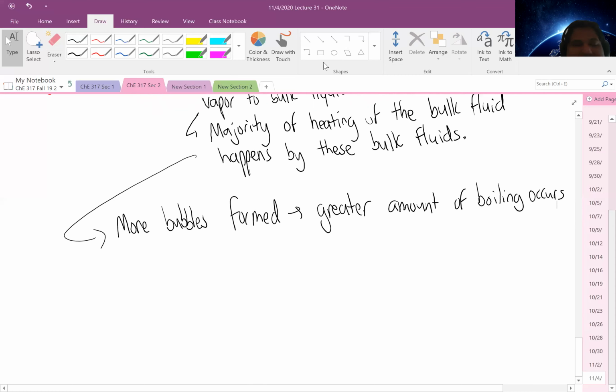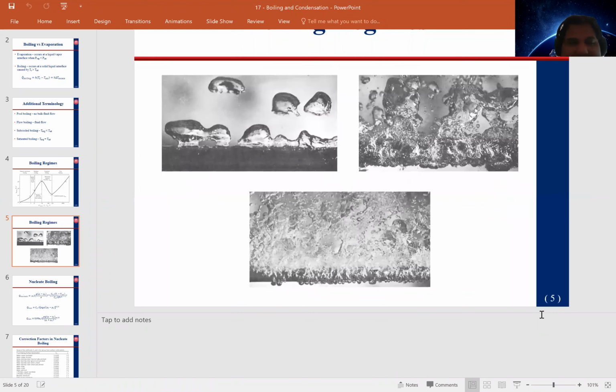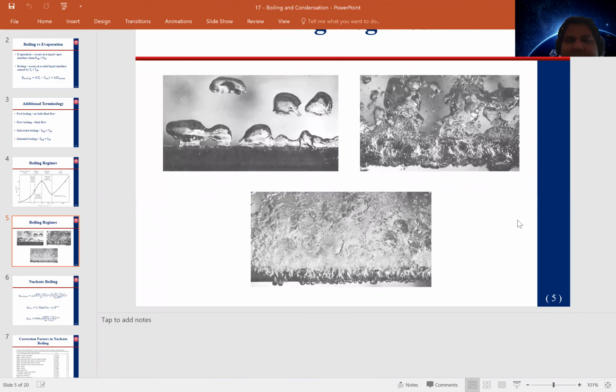if we were going to look at this, we can quantify all of this phenomenon as one of several boiling regimes. To illustrate these boiling regimes, we can refer to what we see in slide 5 in the lecture 17 notes. This first image shows that introductory stage after we've gone past natural convection.